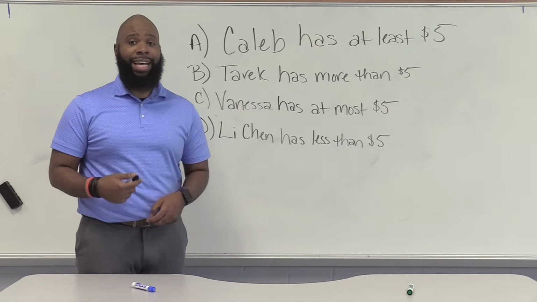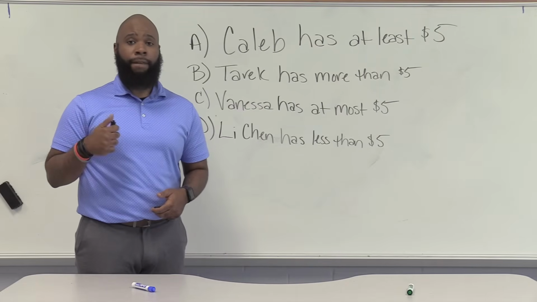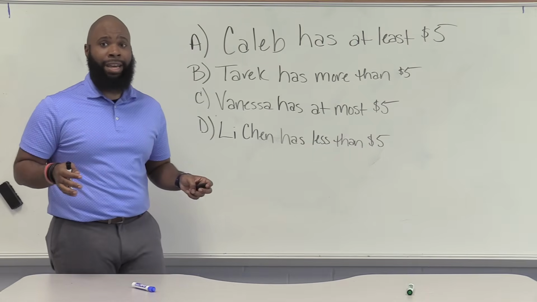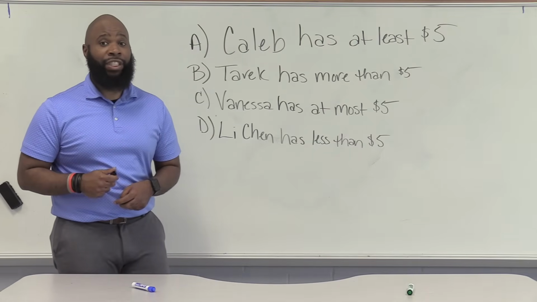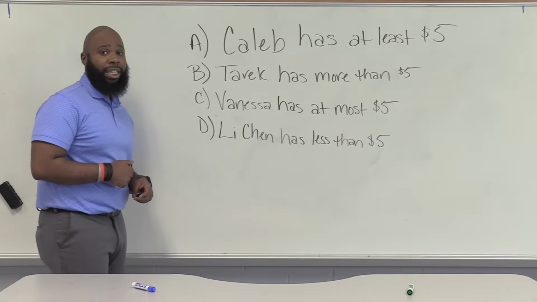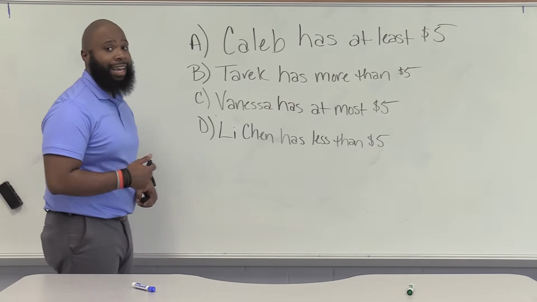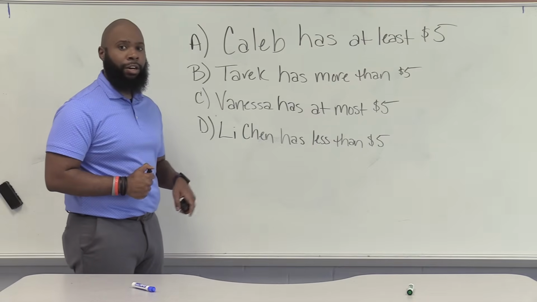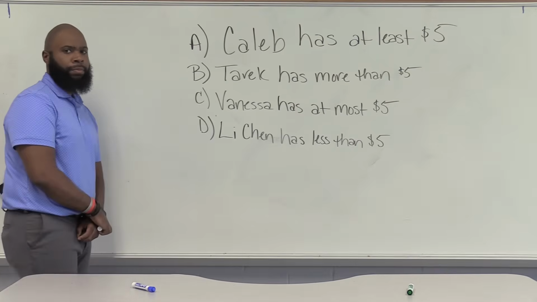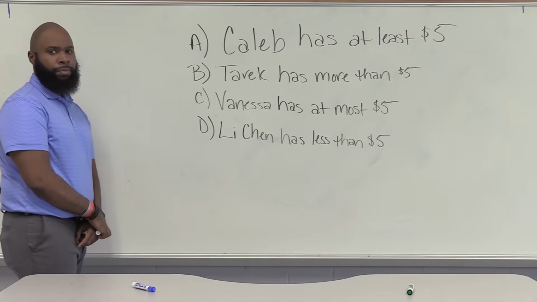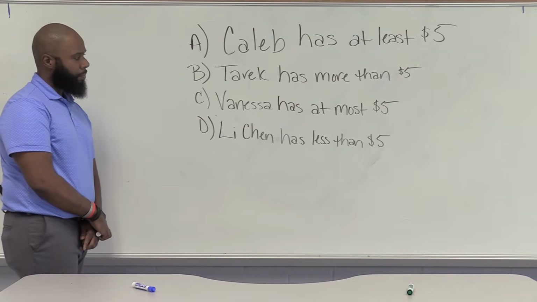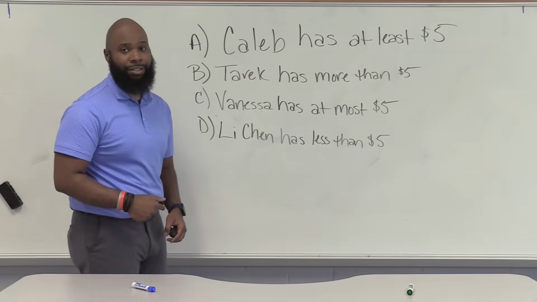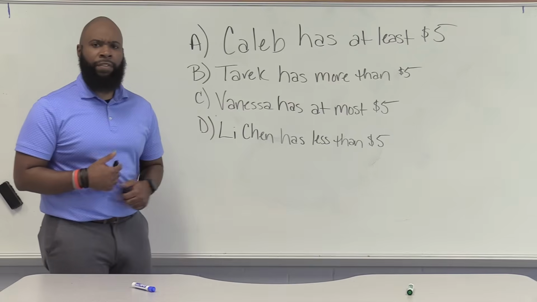So she can have less than $5, including $4, $3, $2, $1, or even no money at all. She can even have a negative amount if she owes someone money. Lee Chin cannot have exactly $5 when you look at hers. So how do you know? Because her problem says she has less than $5. Were your answers within the given constraints?